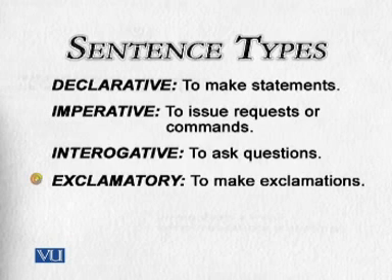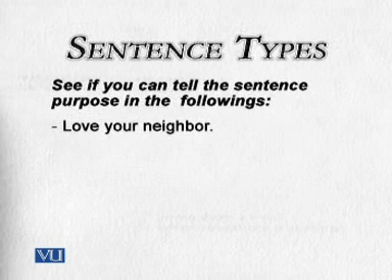Let's take a look at some examples of these. The first one is, love your neighbor. Now, this sentence is neither a statement nor a question. It's an imperative sentence, a kind of instruction, advice you are giving somebody: love your neighbor.